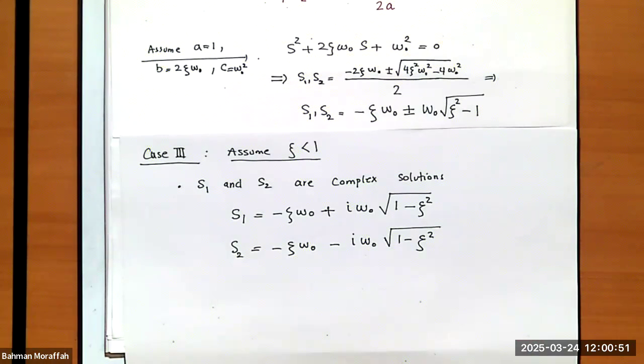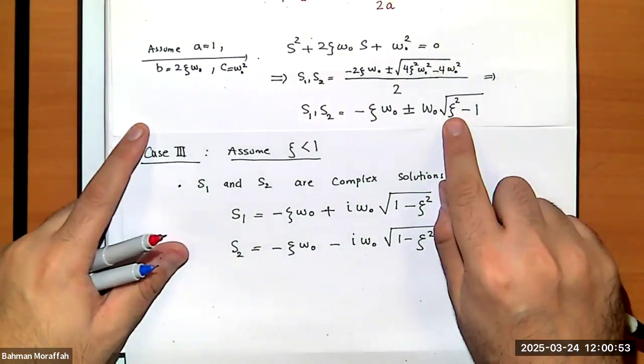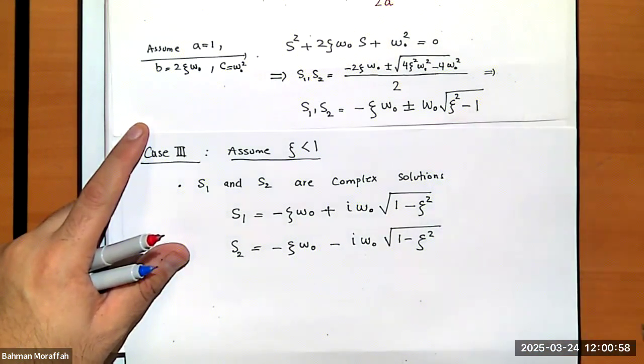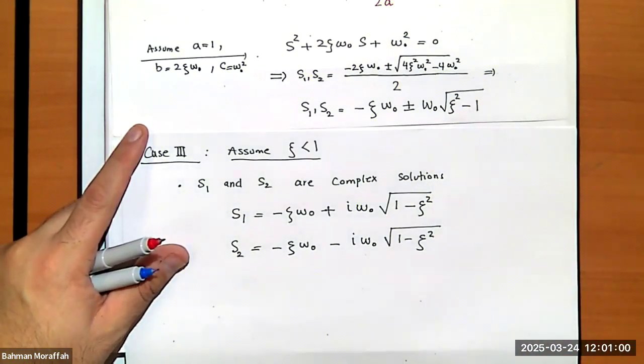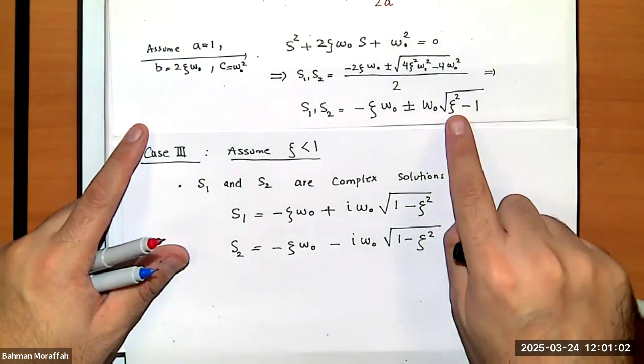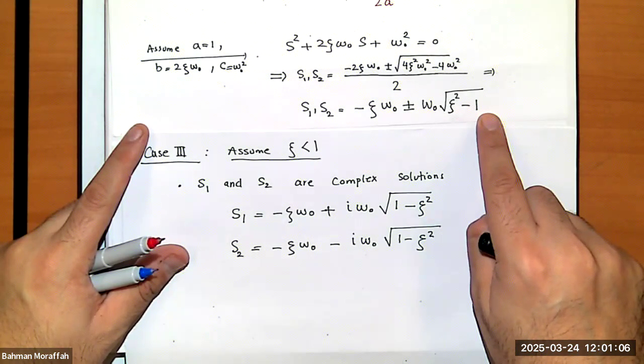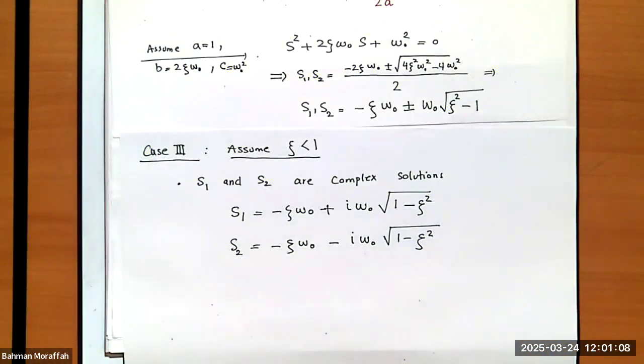See what I did? Over here, I have C squared minus 1, which I know is negative, so I'm going to factor out a negative 1. So I have negative 1 times 1 minus C squared, but I know the square root of negative 1 is i. So that's how I wrote it this way.